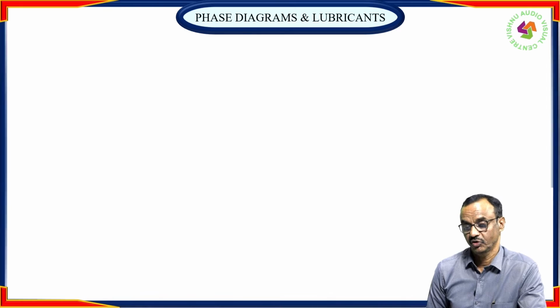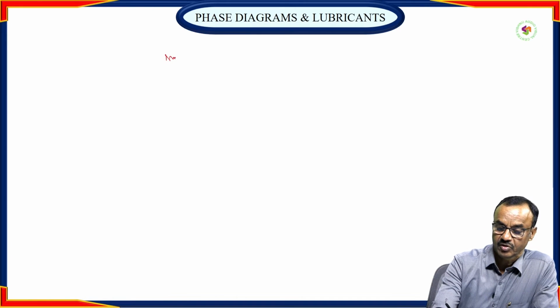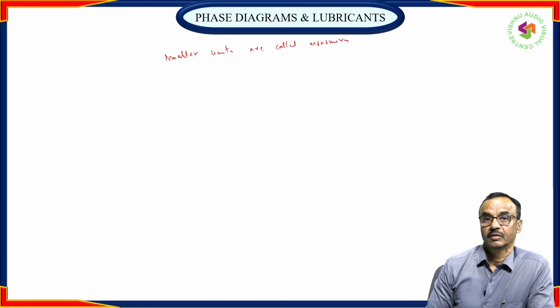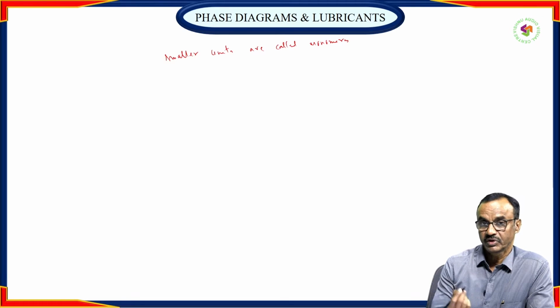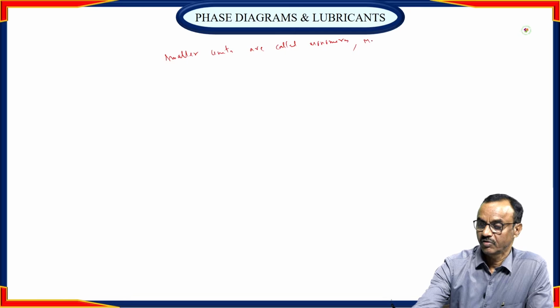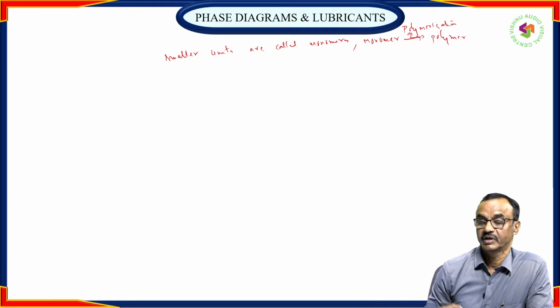You need to write in your own words. Smaller units like ethylene units are called monomers. And converting monomers into polymer is known as polymerization.